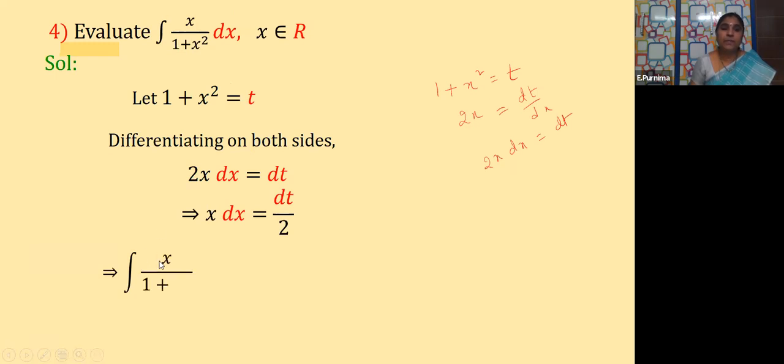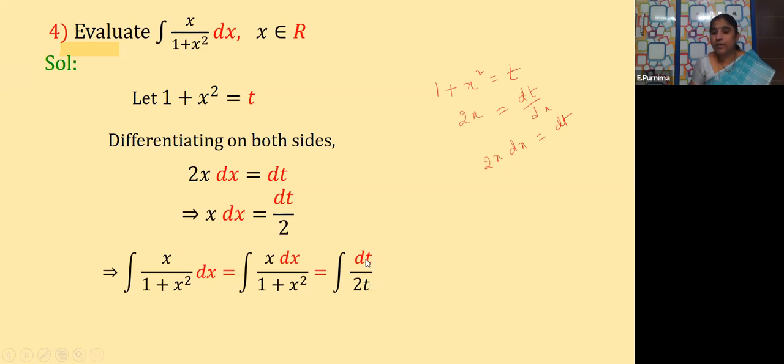Integral of x by 1 plus x square into dx is equal to integral of x dx by 1 plus x square. In place of x dx, I am writing dt by 2, and in place of 1 plus x square, I am writing t. Now if you observe, this was our given function, and now this function is reduced to another simple function, which is in terms of t.